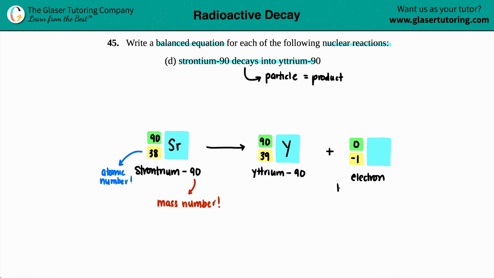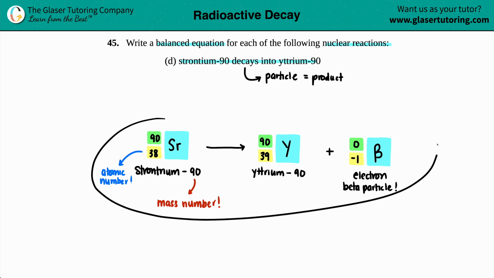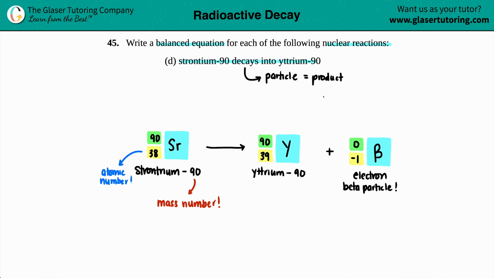Another word for electron is a beta particle. So you have 2 options here. Whether you want to put an E for electron or B for beta, that's fine with me. Either one is correct. And now we have a balanced, beautiful equation, and we're done.